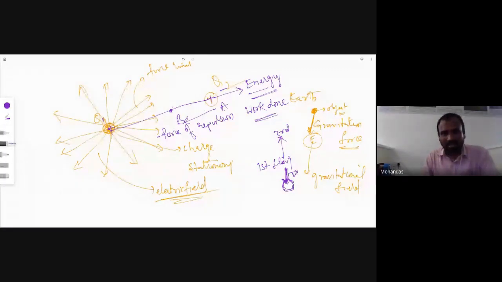Against the electrostatic field, if you want to move this Q2 charge from A to B, we have to expend some energy, which means work is done. Finally, what I'm trying to say is that work is done to move a charge.